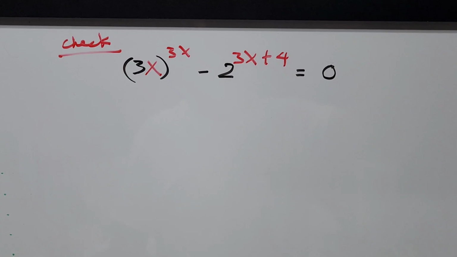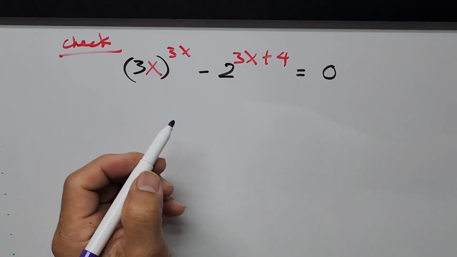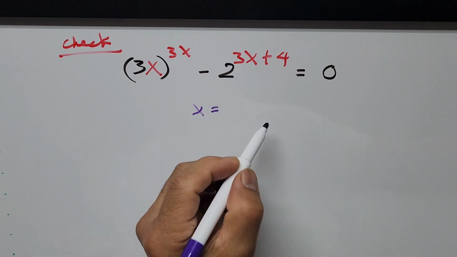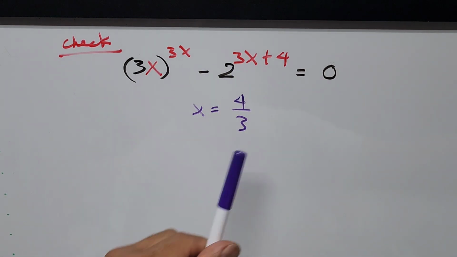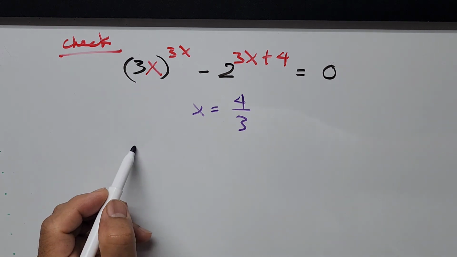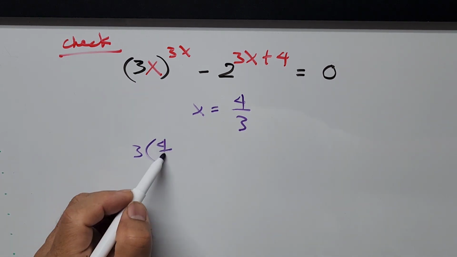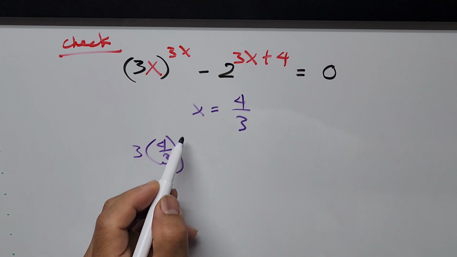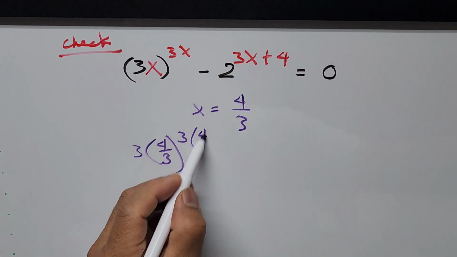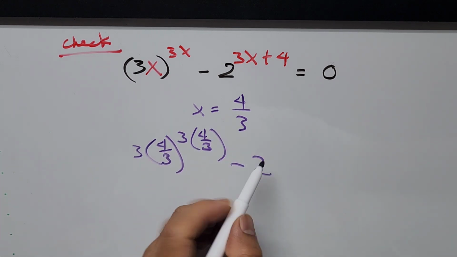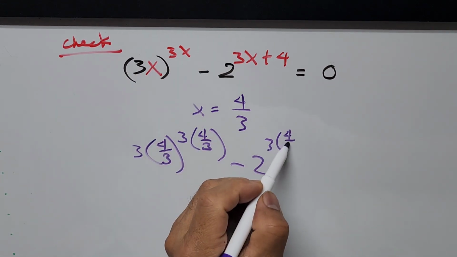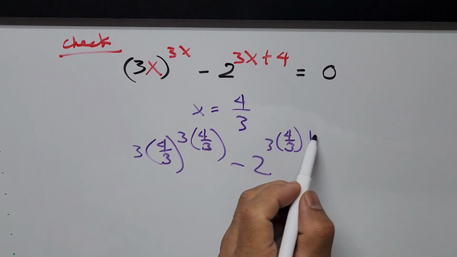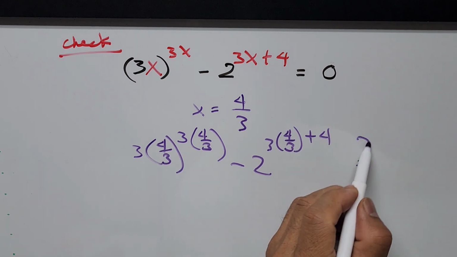We have the original equation and the value of x that we found, 4/3. Plugging it in, we have 3 times 4/3 to the power of 3 times 4/3, minus 2 to the power of 3 times 4/3, plus 4. Would this be equal to 0?